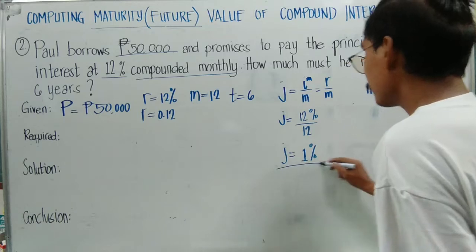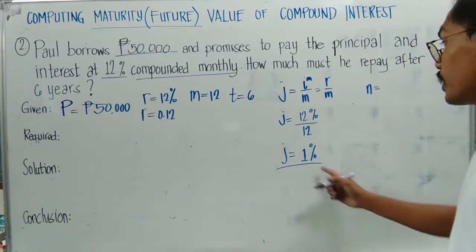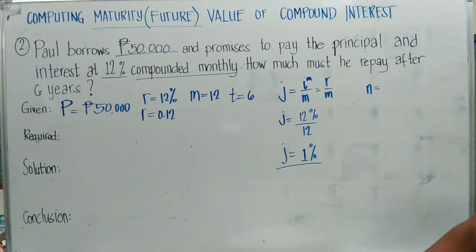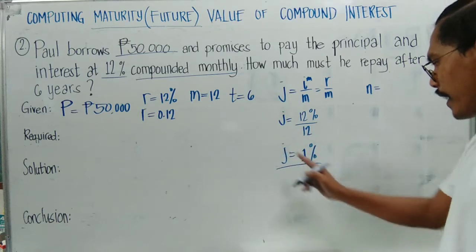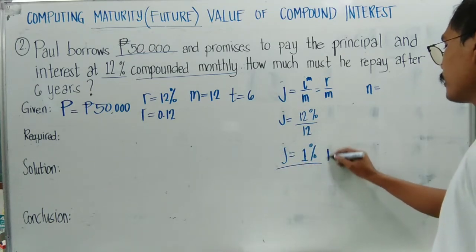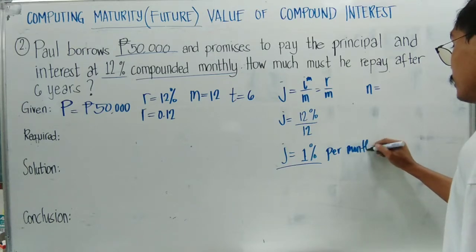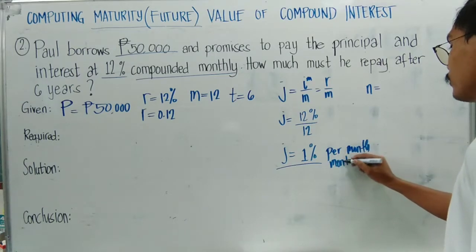So it means that it is the interest rate per conversion period, or in our case, it will be 1% per month or monthly.